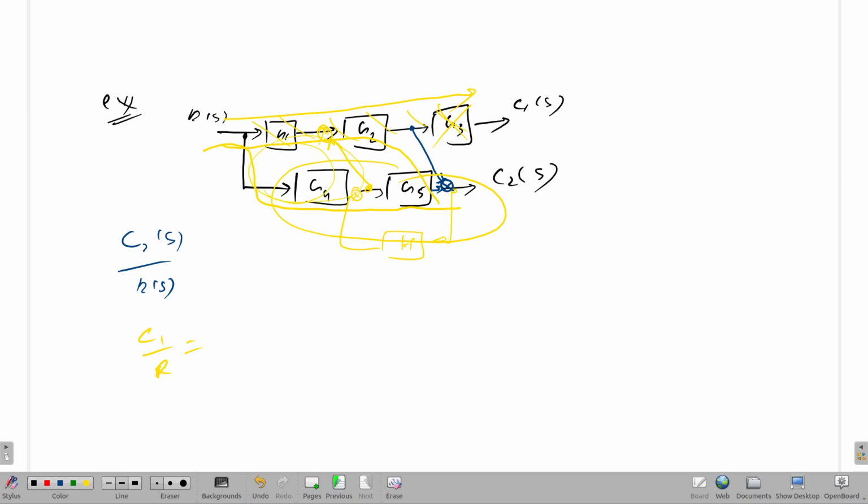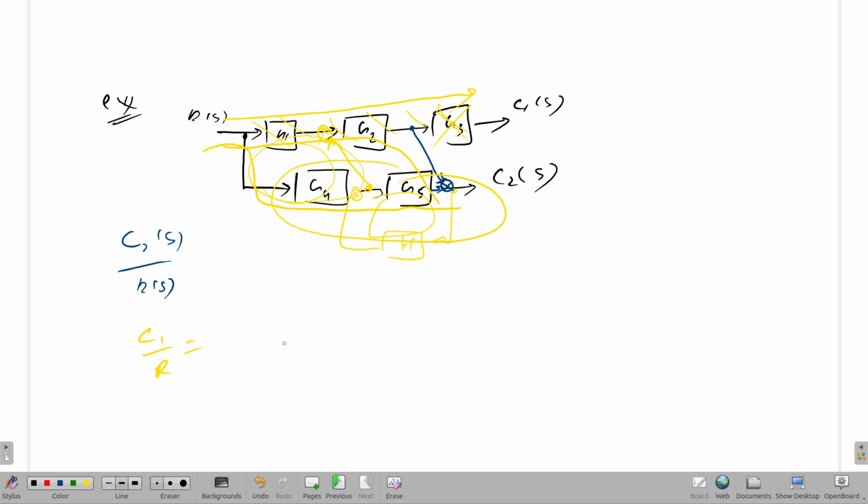Also, since there is a feedback from here to here, you may have to consider this also. That is, you should consider the signal from the input to the output, and whether there is any feedback. Only that much you have to consider. So that is regarding multi-input, multi-output systems, and I have given some other questions to do as homework.